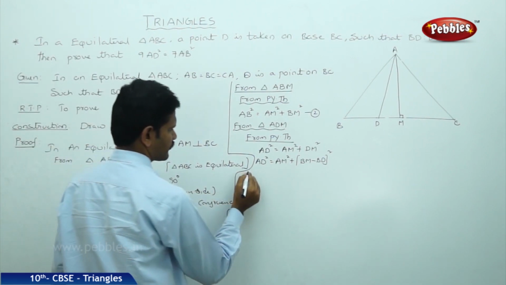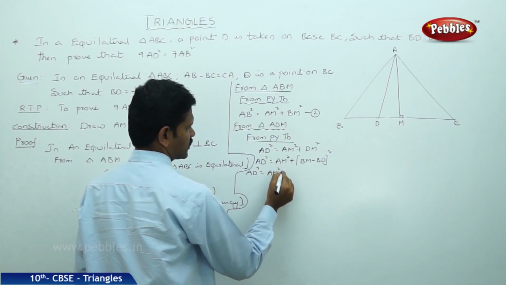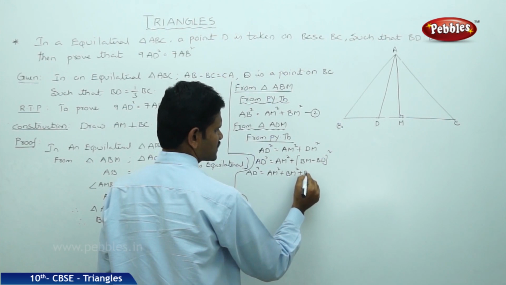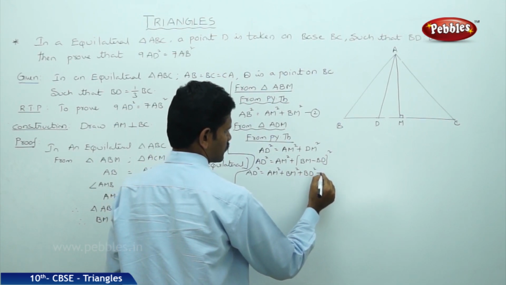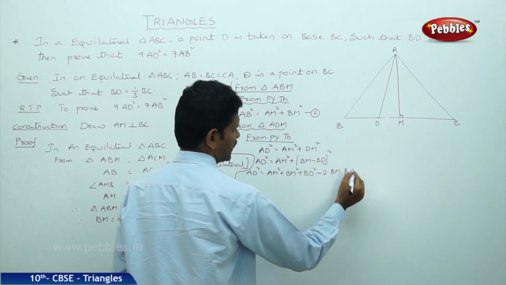That is, AD square is equal to AM square plus BM square plus BD square minus 2 BM into BD.